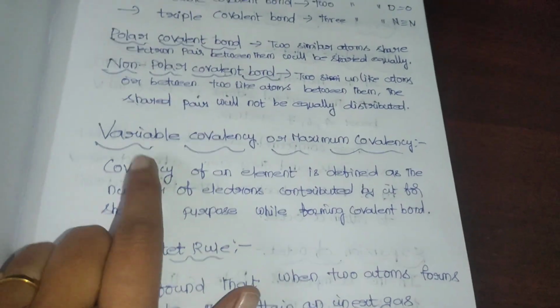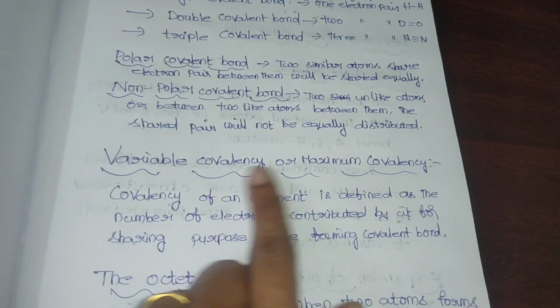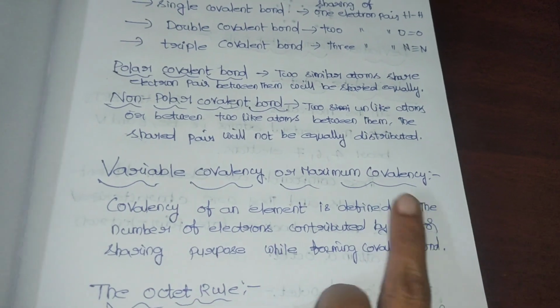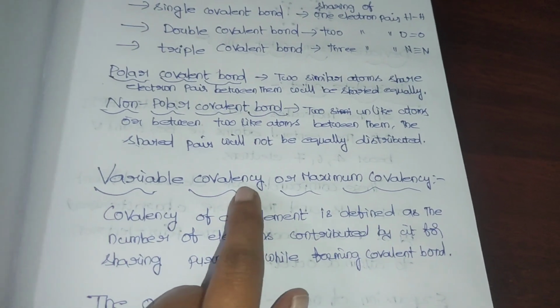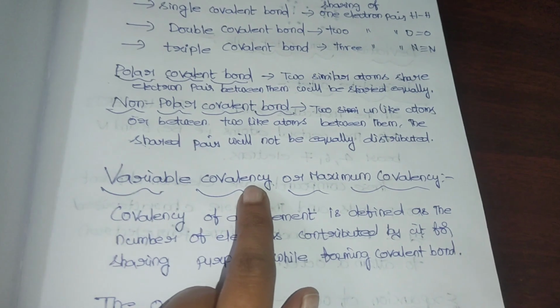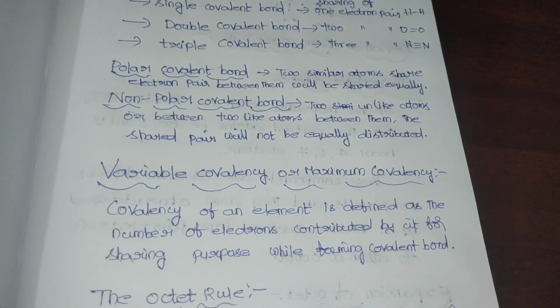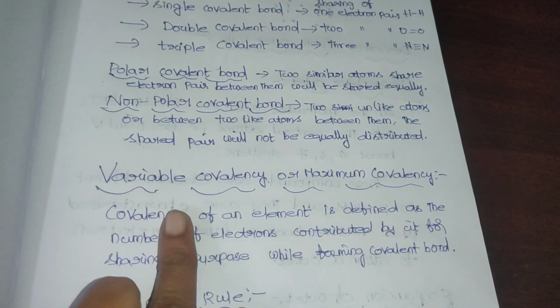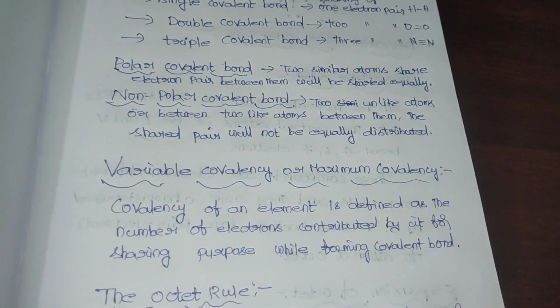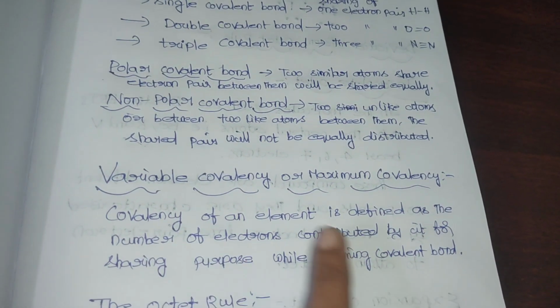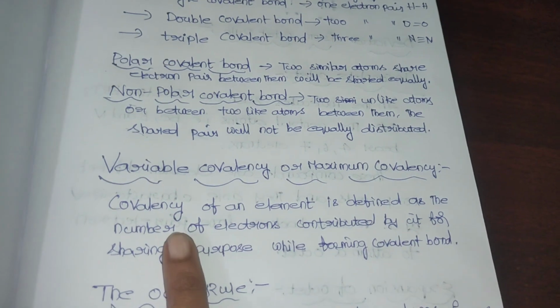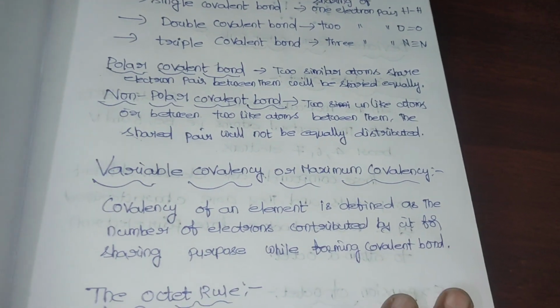Then we can see what is variable covalency or maximum covalency. Valency means the ability to share or transfer electrons, right? Covalency of an element is defined as the number of electrons contributed by it for sharing while forming a covalent bond.